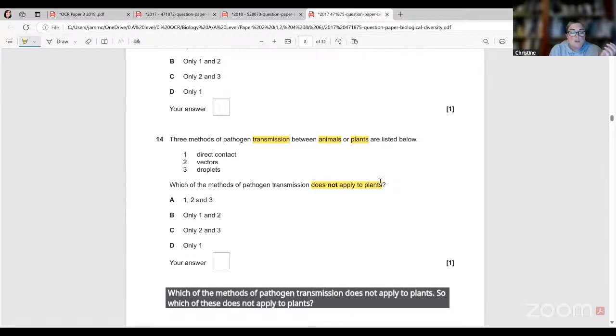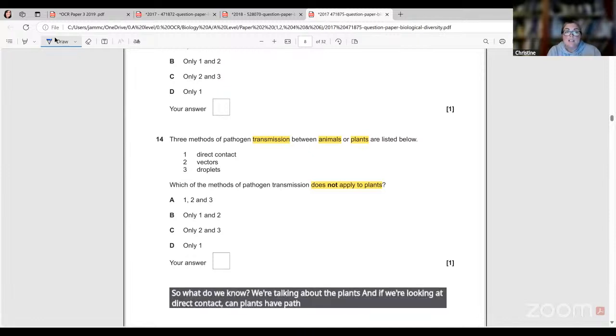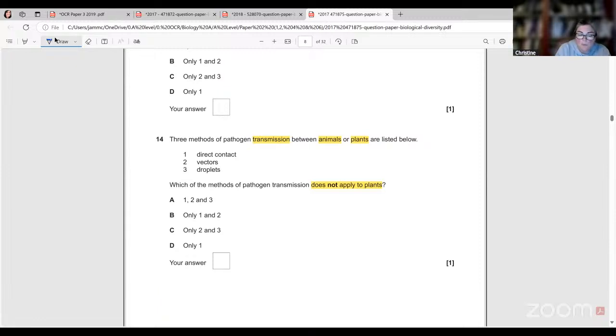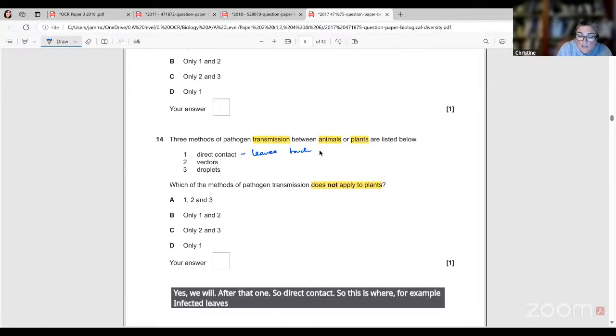So what do we know? We're talking about plants, and if we're looking at direct contact, can plants have pathogens passed and transmitted between the plants through direct contact? Yes. So direct contact is where, for example, infected leaves touch other leaves.